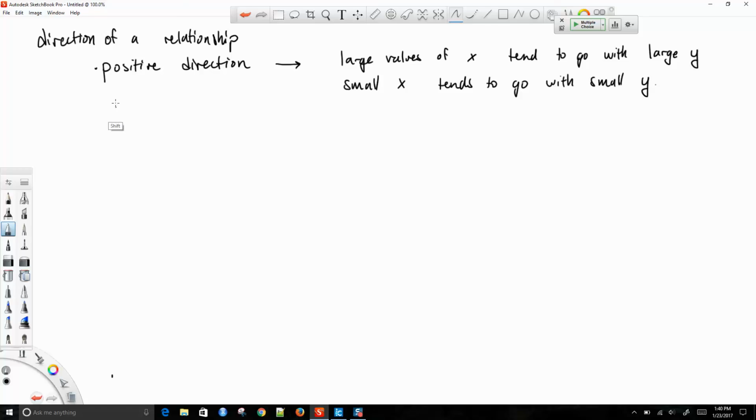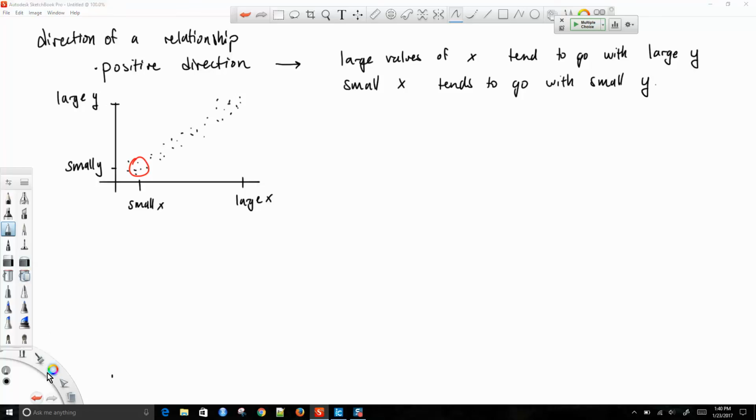All right, so if we draw a picture, it would look something like this. If we look down here at small x, we see that small x goes in general with small y, and then large x goes with large y.